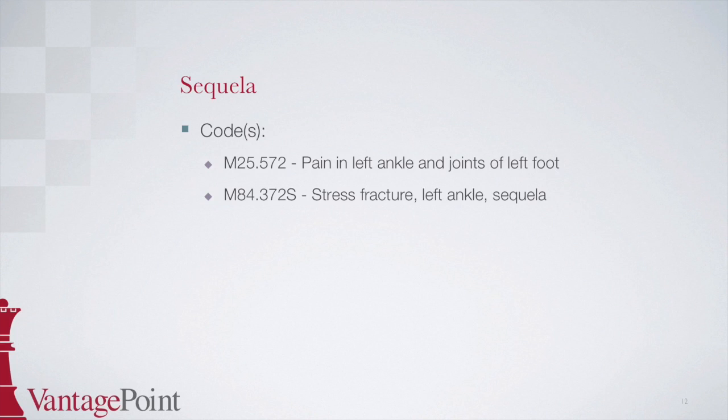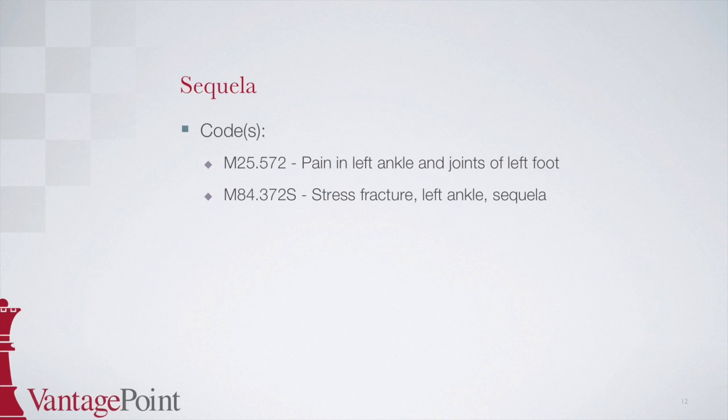The second code is M84.372S, stress fracture, left ankle, sequela. To locate this code, start at fracture in the alphabetic index. Then, believe it or not, you actually have to go to traumatic to find stress fracture, even though stress fractures are part of the musculoskeletal system chapter, not the injury chapter.